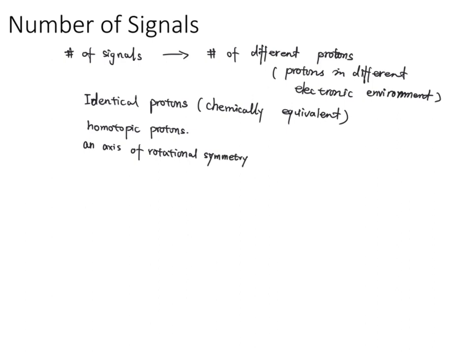What does that mean? I'm going to give you one example. If we are looking at these protons on this molecule, specifically the blue hydrogen and red hydrogen, and you rotate around this carbon-chlorine bond by 120 degrees, the red hydrogen goes to the blue hydrogen's position, the blue hydrogen goes to the black position, and black goes to red. Theoretically, if you rotate every 120 degrees, they sit in exactly the same electronic environment.